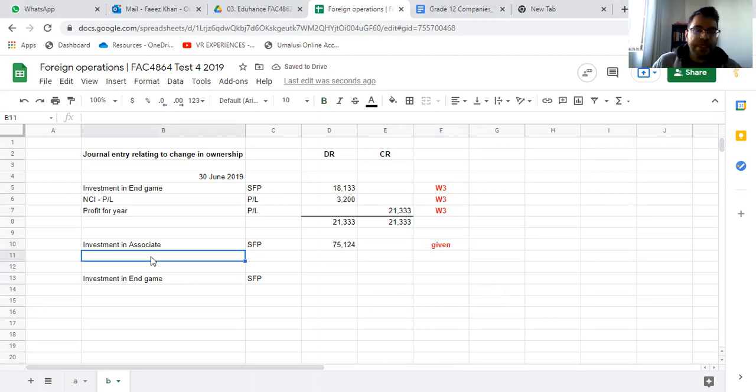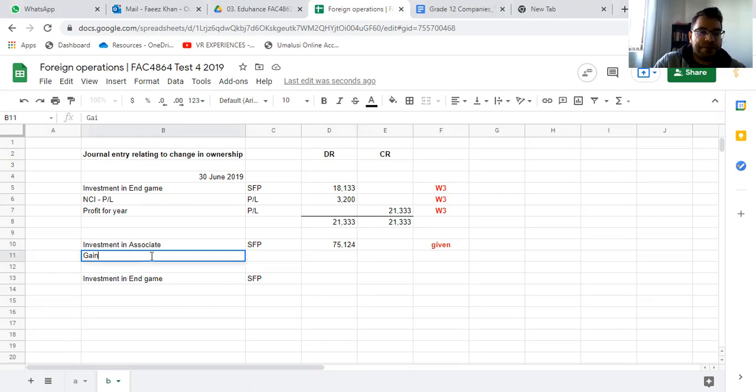Then we saw in the journal that the parent, in the separate books, made a gain. Now the group does not want the parent's gain, so we need to eliminate it. Because in the parent's numbers there is a gain when they dispose of the investment.